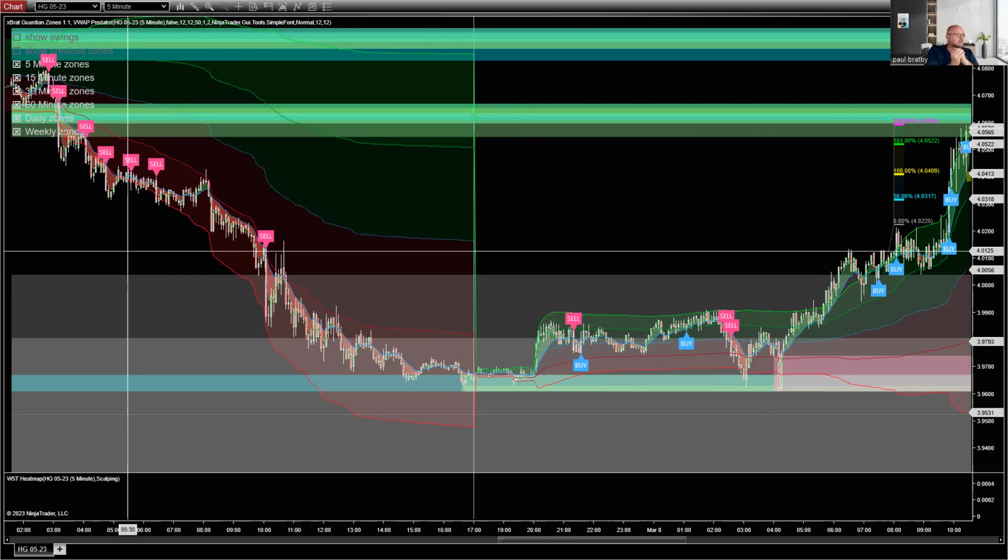But in essence, if they continue to make those same decisions on those different timeframes, those zones are relevant. If they don't make a decision on those zones for a certain number of bars and it goes through that percentage, those decision points are no longer relevant.